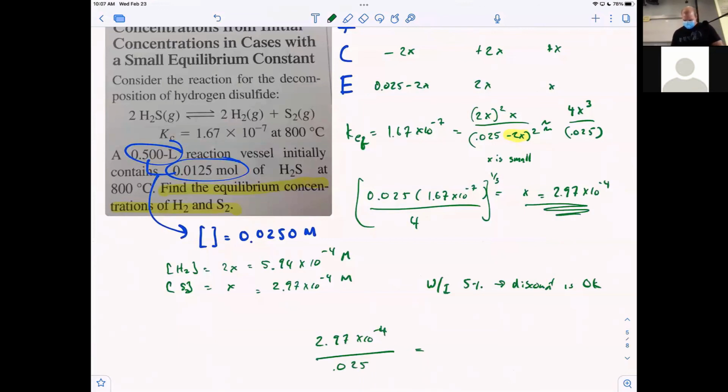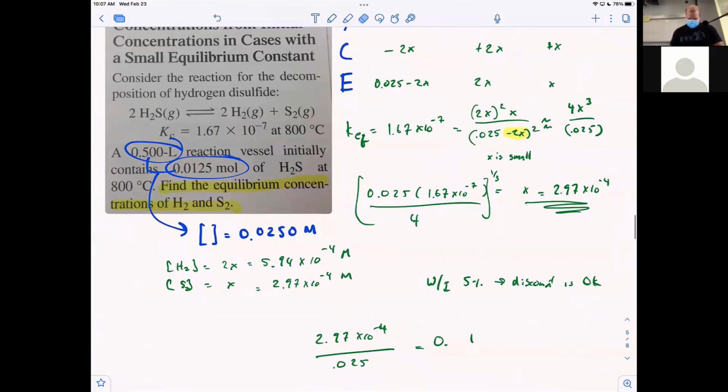It's going to be 0.0119, or 1.19%. And that means by taking this approximation, we're introducing about a 1% error into our calculation. And we're saying, you know what, that's okay.